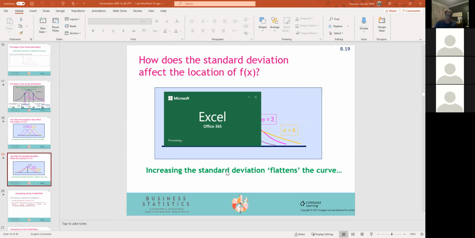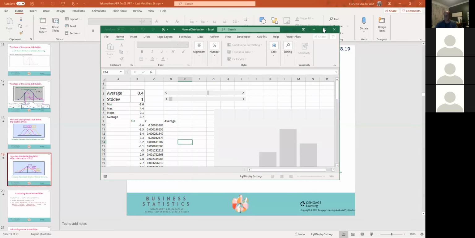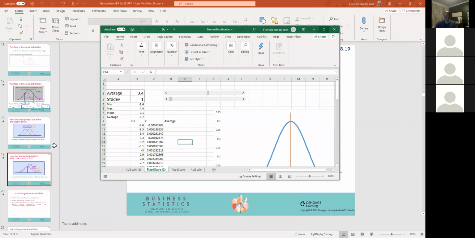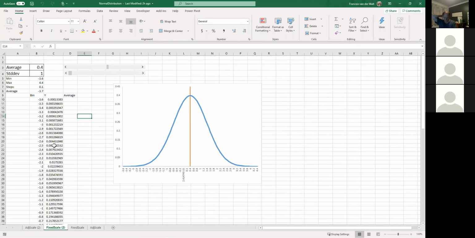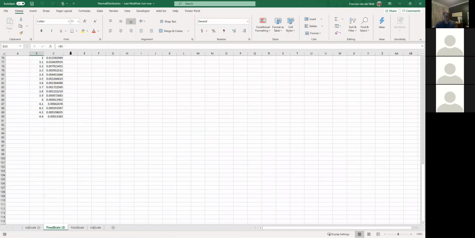Okay, what I've done here is I've actually created this Excel spreadsheet which we calculate the values. Now, I've taken the numbers from minus 3.6 all the way up to 4.4 in this particular case.